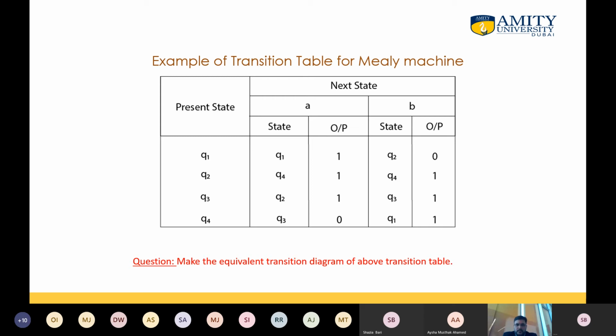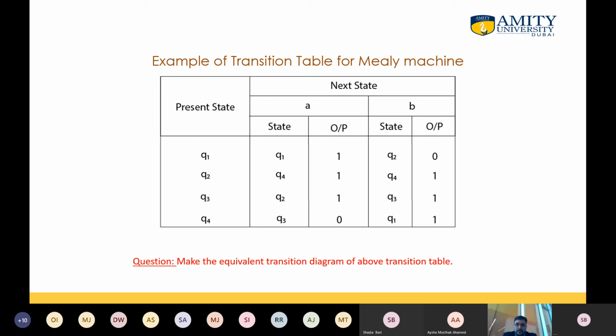What will you do? You will make states Q1, Q2, Q3, Q4. And with Q1, with A input, you will be going to Q1 in self loop. So you will write A/1 because output is 1 here. Similarly, for Q1 with B input, you are reaching to Q2, and what is output? 0. Is it self loop?